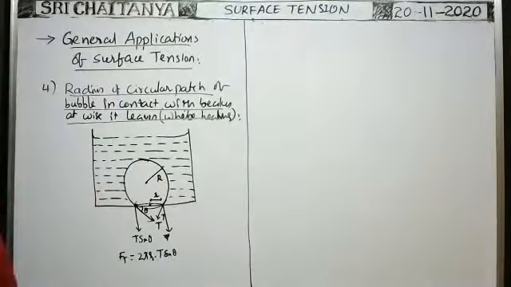Therefore, r is less than or equal to 2R cube rho_L g by 3T into sin theta, that is small r by capital R. That is equal to 2R to the power of 4 rho_L g by 3T into small r.